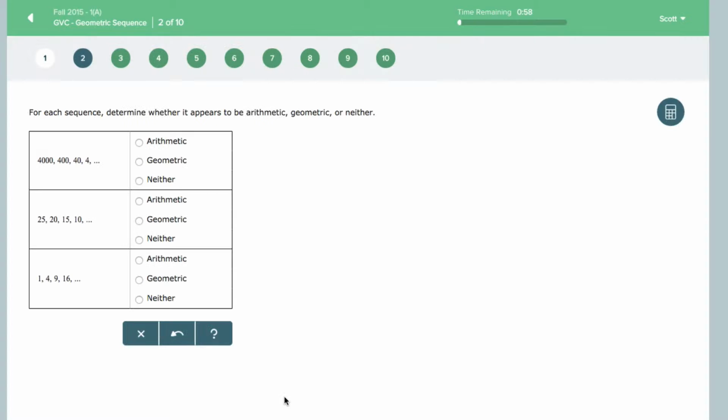If we look at the type of problem you'll get on number 2, same basic thing. The thing to remember is geometric has a common ratio.